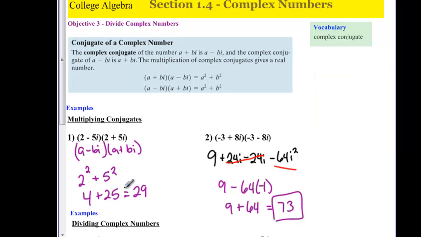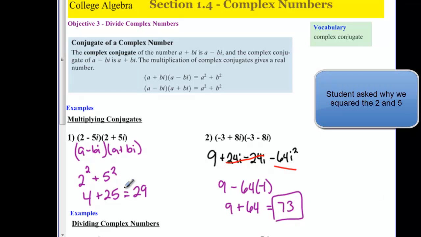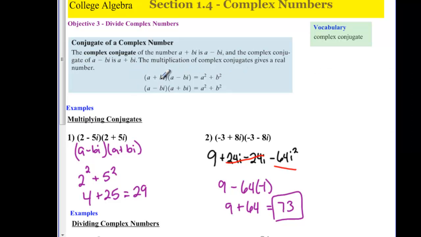Is that what we got on the last page? Yeah, that's exactly what we got on the last page. If you remember that and feel confident, go ahead and do it. That's great. So just following the formula up here, if you have a minus bi times a plus bi, you take your a, which in this case is 2, and square it, plus the b squared, and the b is 5.